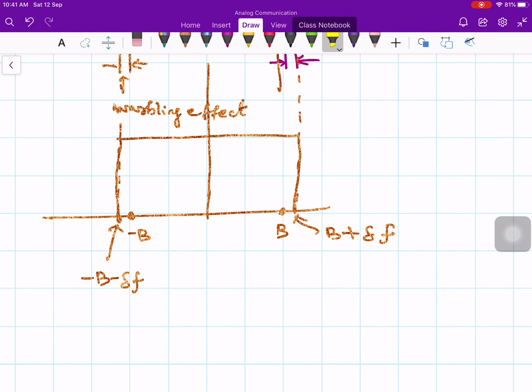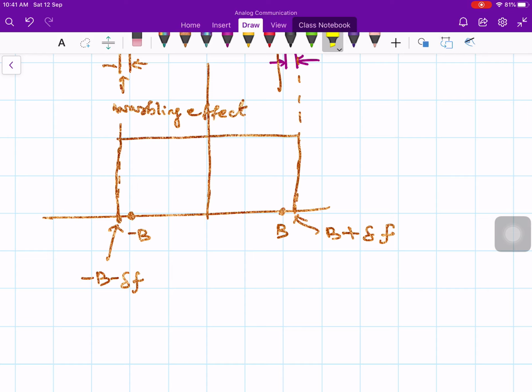So we need a fairly good carrier recovery system by which we will be able to establish the local carrier, which is perfect in phase and frequency with the incoming carrier, and that operation is called recovering the carrier at the receiver.